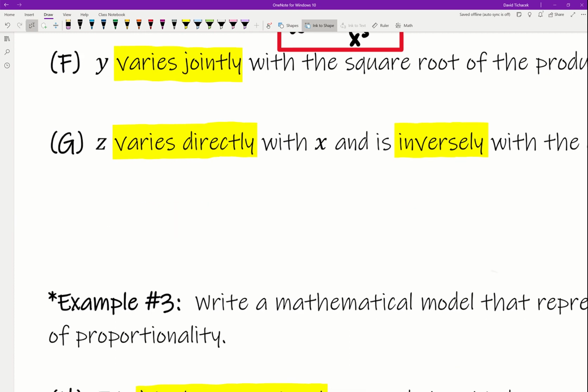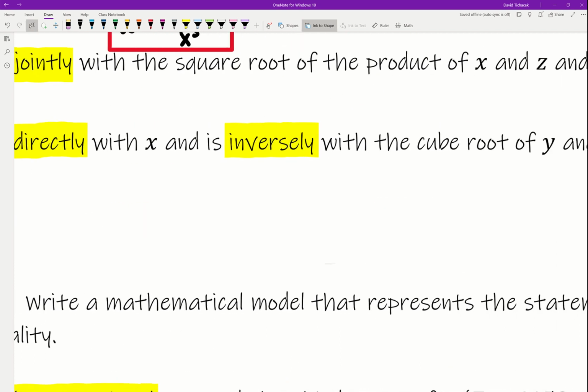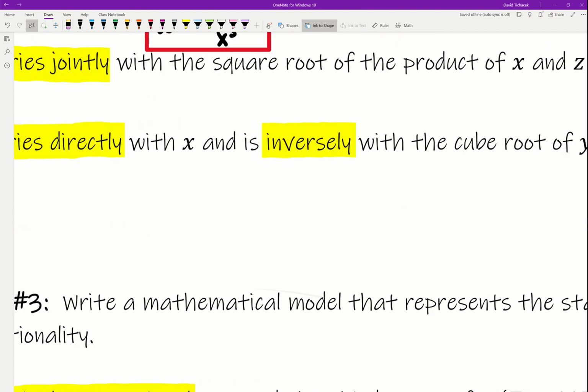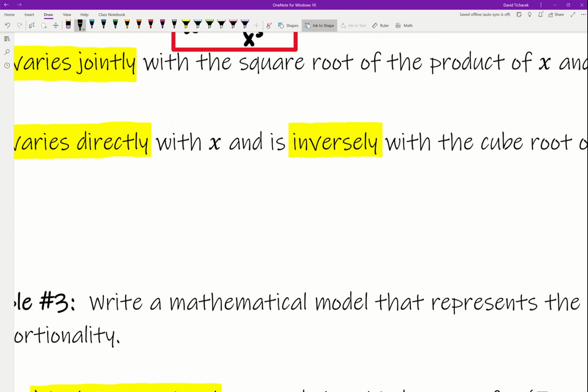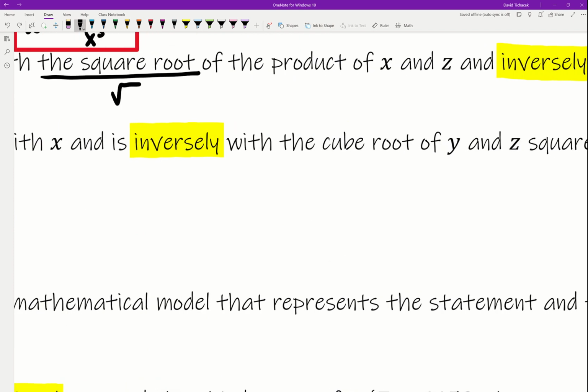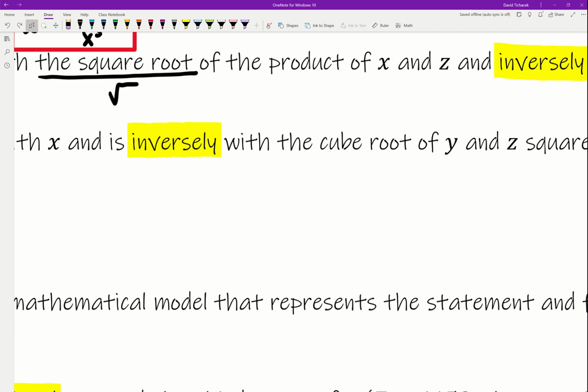Okay, so part F, it says Y varies jointly with the square root of the product. Okay, so that's some different language that they're using there. So first of all, the square root, we know what that looks like. That's just a radical. There we go. And now what they say is this. It says the square root of what? Well, the square root of a product, okay?